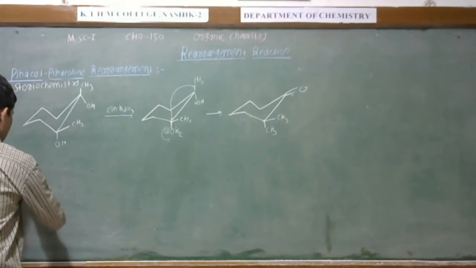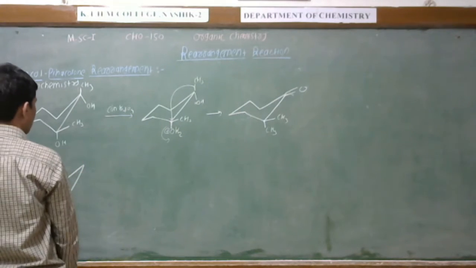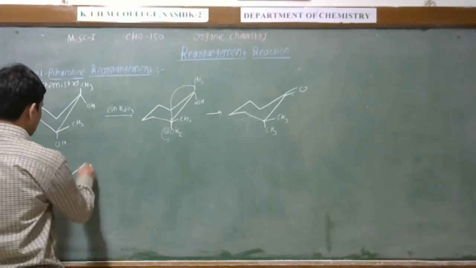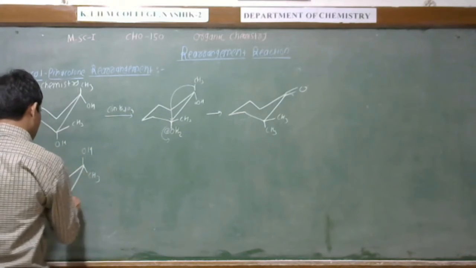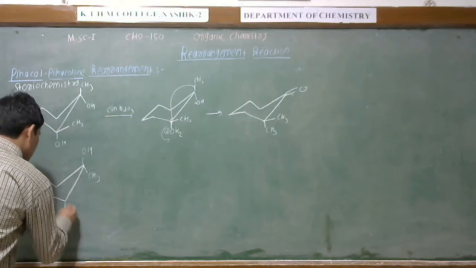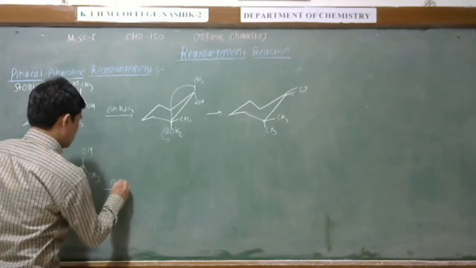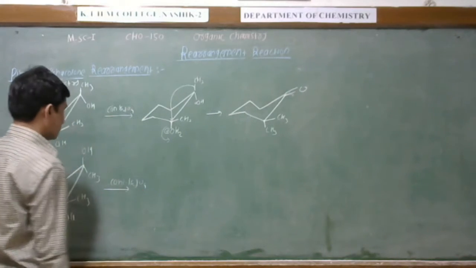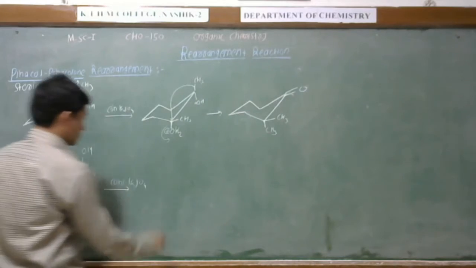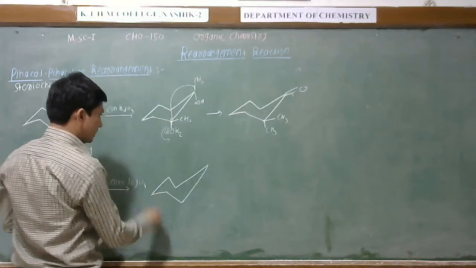So in the next case, I will take the trans conformation. This is the CH3 here, this is OH here, this is OH here, and this is CH3 here. So when this trans isomer reacts with concentrated H2SO4, by protonation it will form a good leaving group.